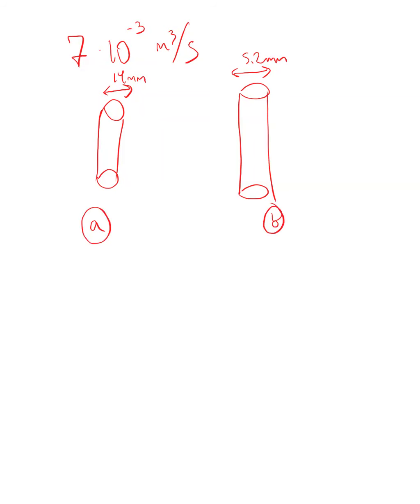So before I start solving this problem, I want to start by thinking about what I expect before I start crunching numbers. What kind of numbers do I expect? So I need to find my speed here, and then I have to find my speed here.